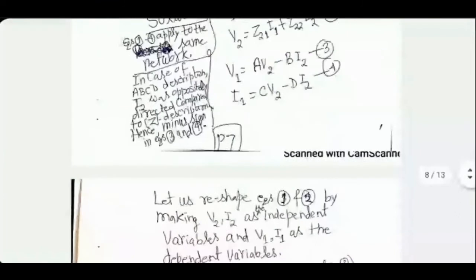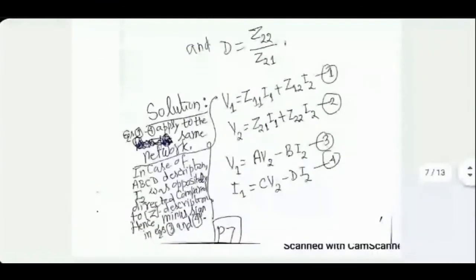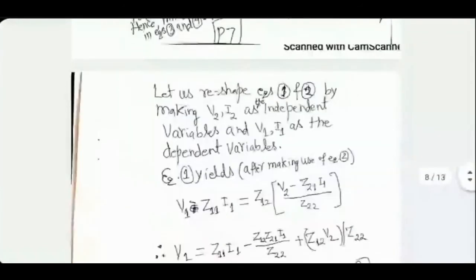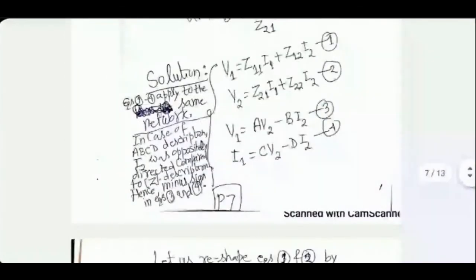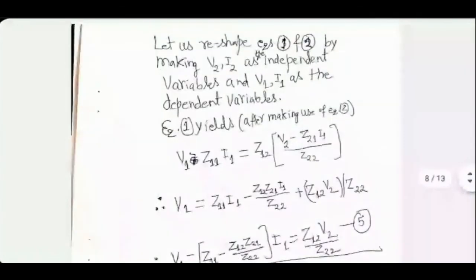How would you get A, B, C, D parameters? If you can somehow reshape equation 1 and 2 by treating I2, V2 as independent variables and I1, V1 as dependent variables, because that's how ABCD parameters are defined. I've tried my own method. I'm sure you can figure out some other methods. I've taken equation 1 and making use of equation 2, I wrote this equation.